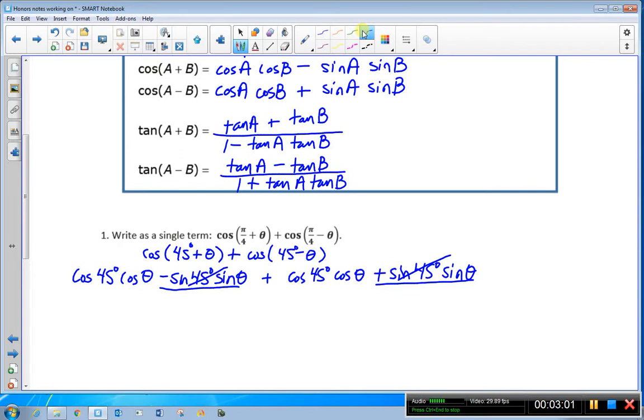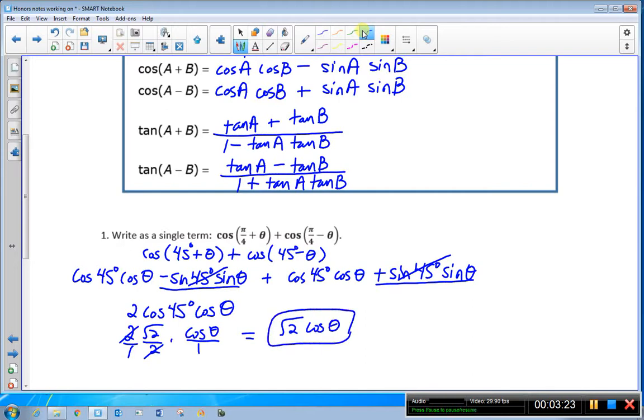So that is 2 of those cos 45 cos thetas. So that's 2 cos 45 cos theta. And then the cos of 45 is radical 2 over 2. So the 2's cancel, and I'm left with radical 2 cos theta. There's nothing more I can do.